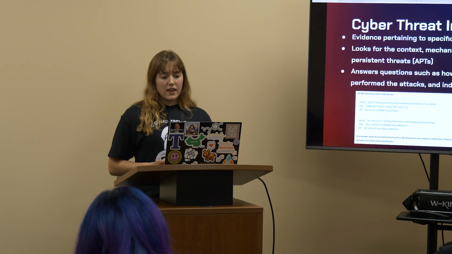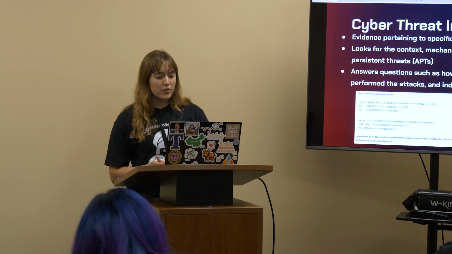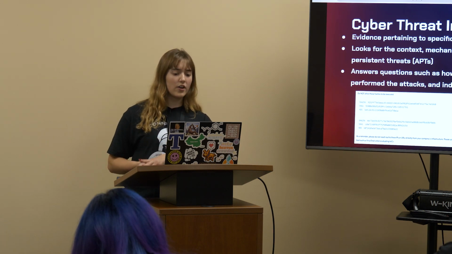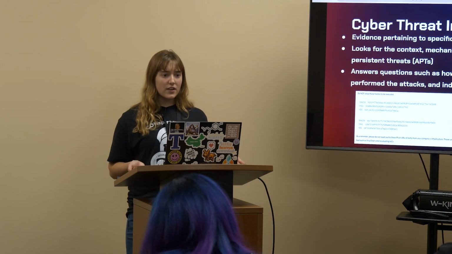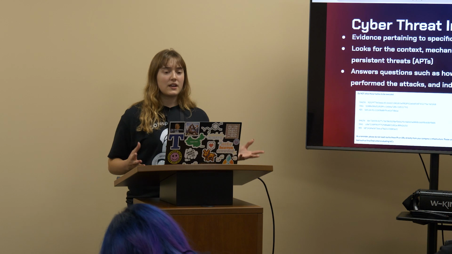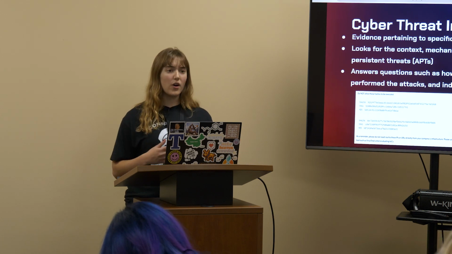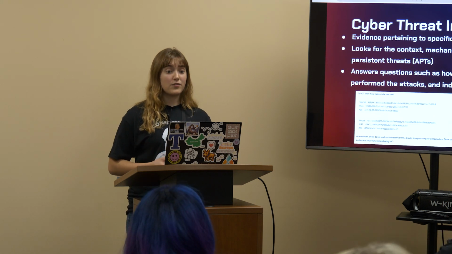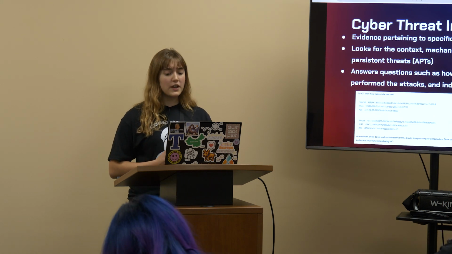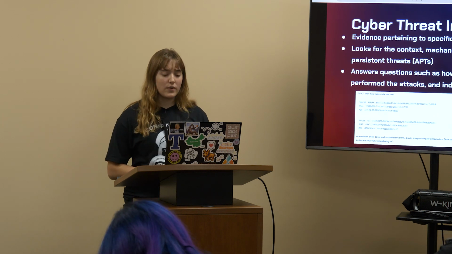This analysis can include how attacks are performed, who performs them, who the targets are, motives of attacks, and indicators of compromise. These indicators of compromise basically mean these are suggestions that, hey, something might be off with your network. Once they gather all this information, CTI analysts can use this to provide actionable recommendations to mitigate the risk of attacks, meaning that they reduce the risk associated with an attack.